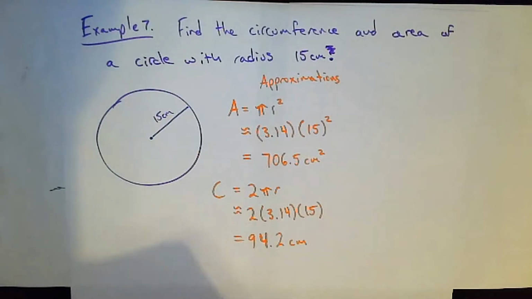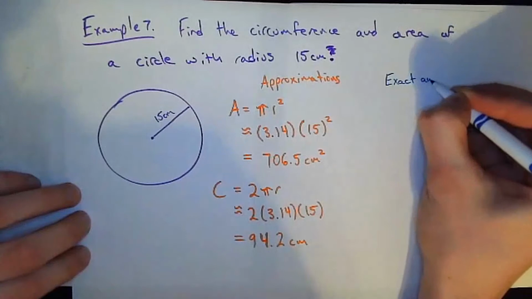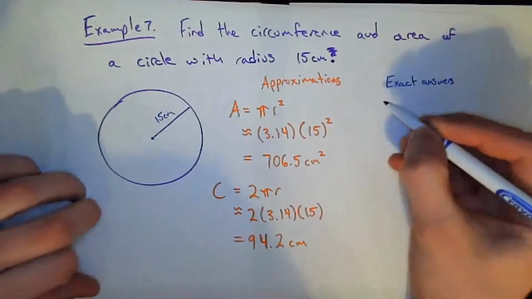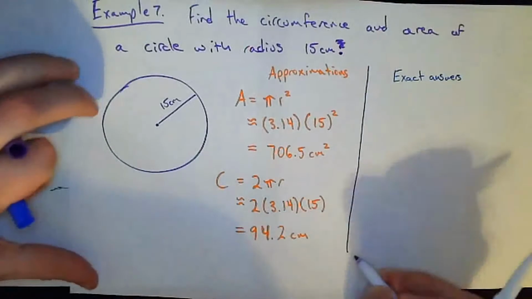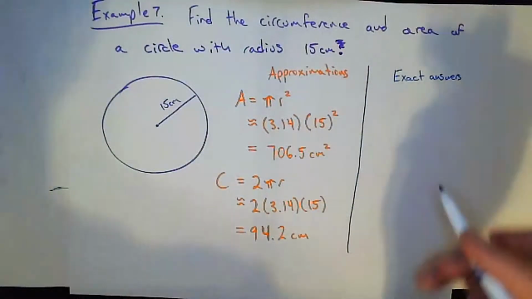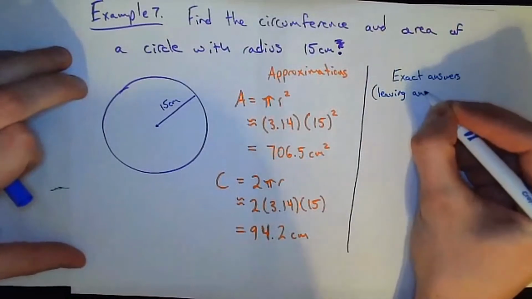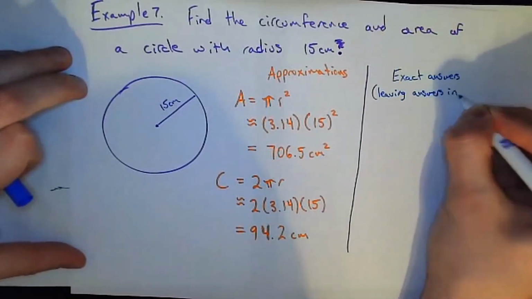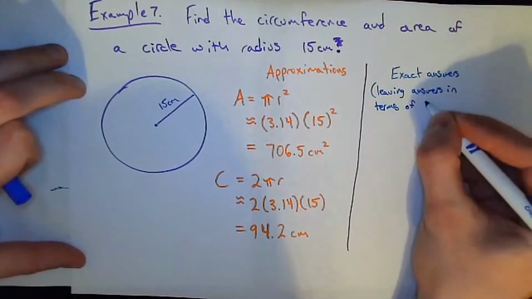Now, what if you wanted exact answers? The way you would describe this is you are leaving answers in terms of pi.